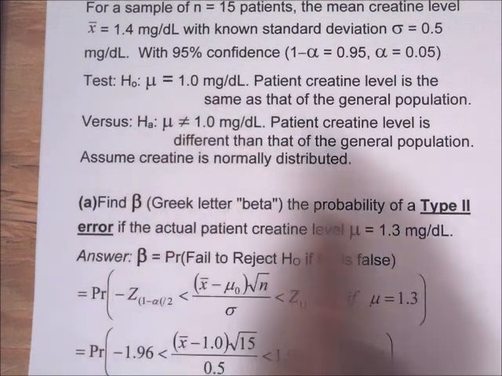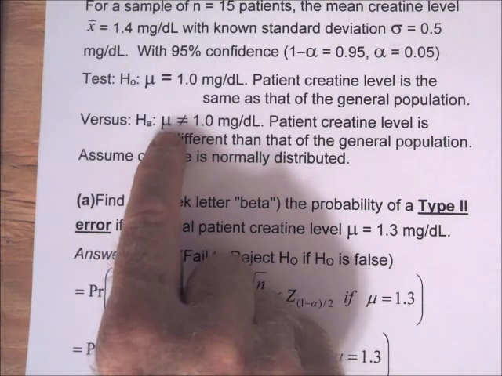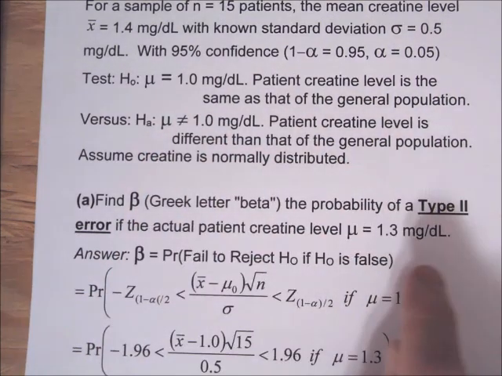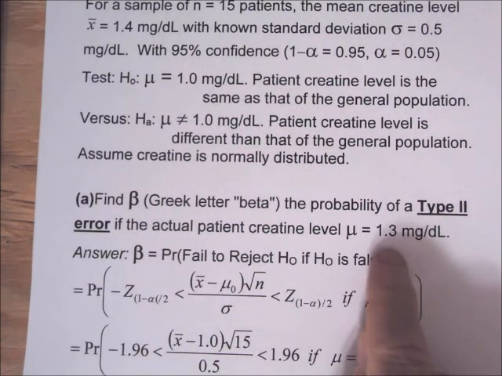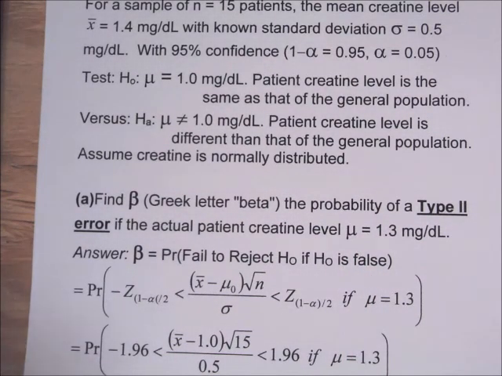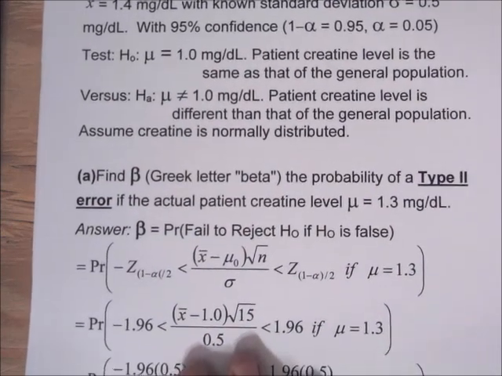Depending on which number we pick, we'll get a different value for beta. You could pick any number other than 1.0 for mu, and then find the probability of type 2 error if that value was the true value for mu.